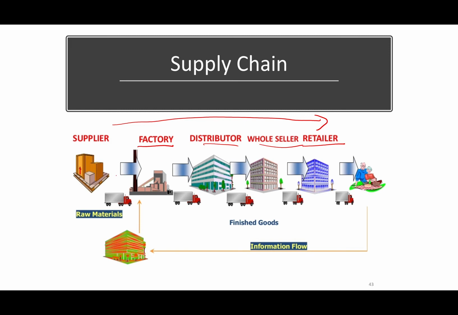The factory would be producing a product which comes from many different suppliers. Some of them might be domestic, some of them might be international. Then it would be sending its final product to many different distributors, and then you get the idea that this is just a simplistic idea of a supply chain.